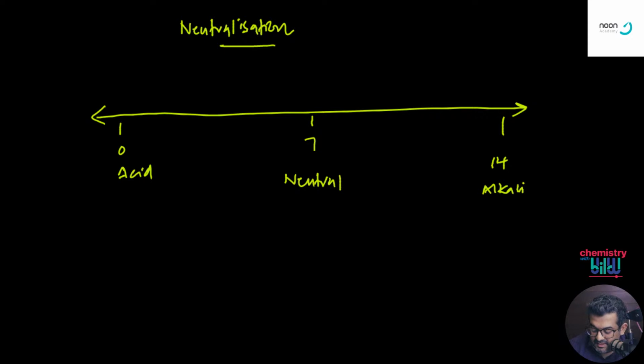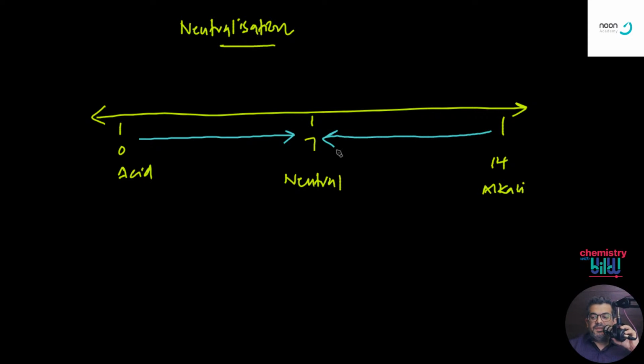The term neutralization means to take anything from above 7 towards 7, or from below 7 towards 7. So neutralization means neutralizing either an acid to a neutral pH or a base to a neutral pH. That's what it means.